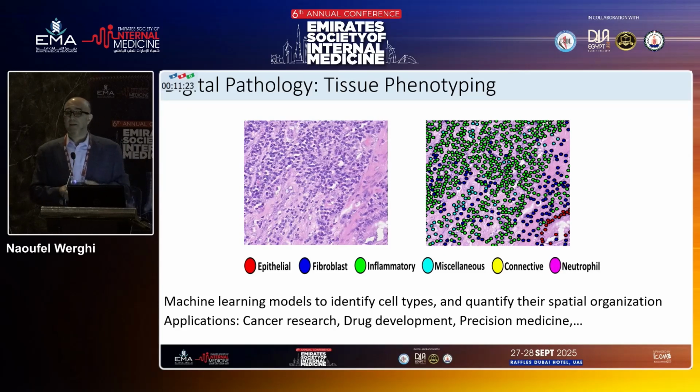It allows the physicians or the pathologists to examine the tumor environment at the micro scale. In drug development, it also allows assessing the response of the tissue to a given drug. And in precision medicine, it allows tailoring a particular treatment to a particular patient.